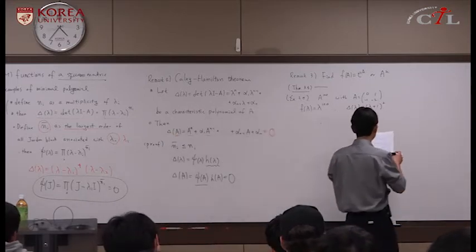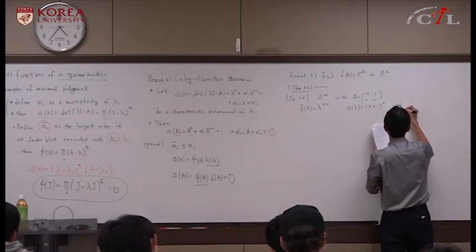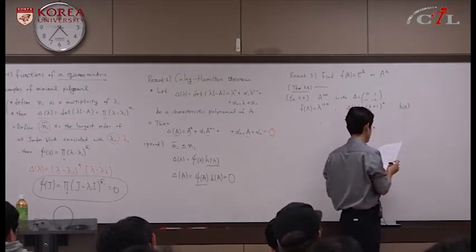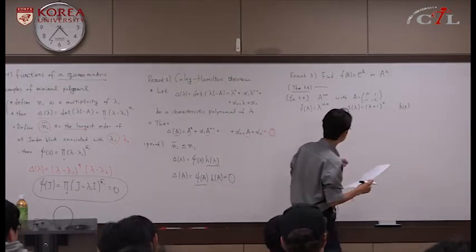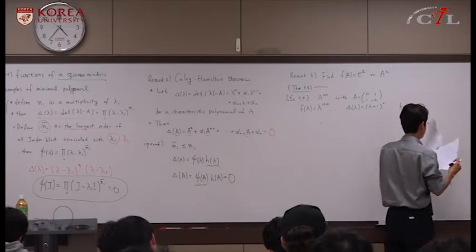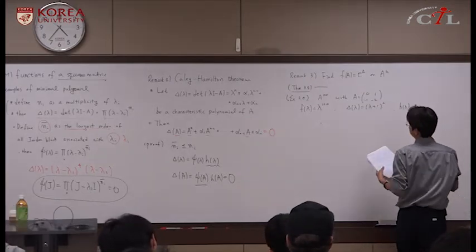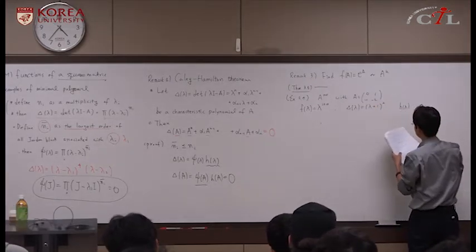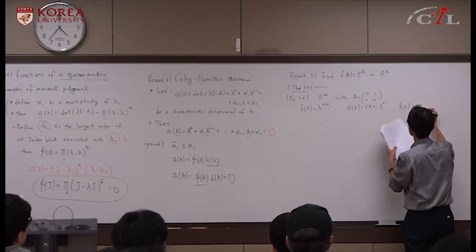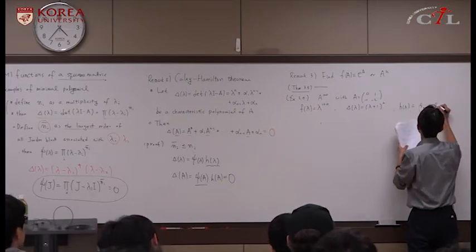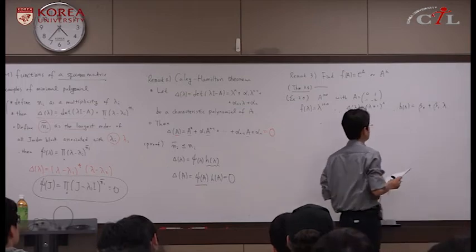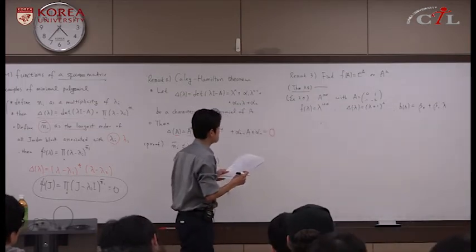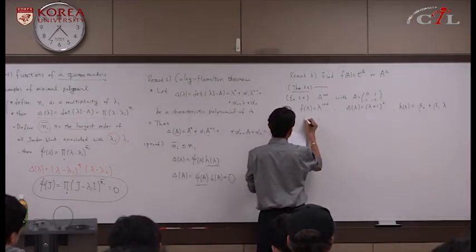Then we define h(lambda) according to the order of this. The details are in theorem 3.5. In this case, because it's second order, we put beta 0 plus beta 1 lambda.